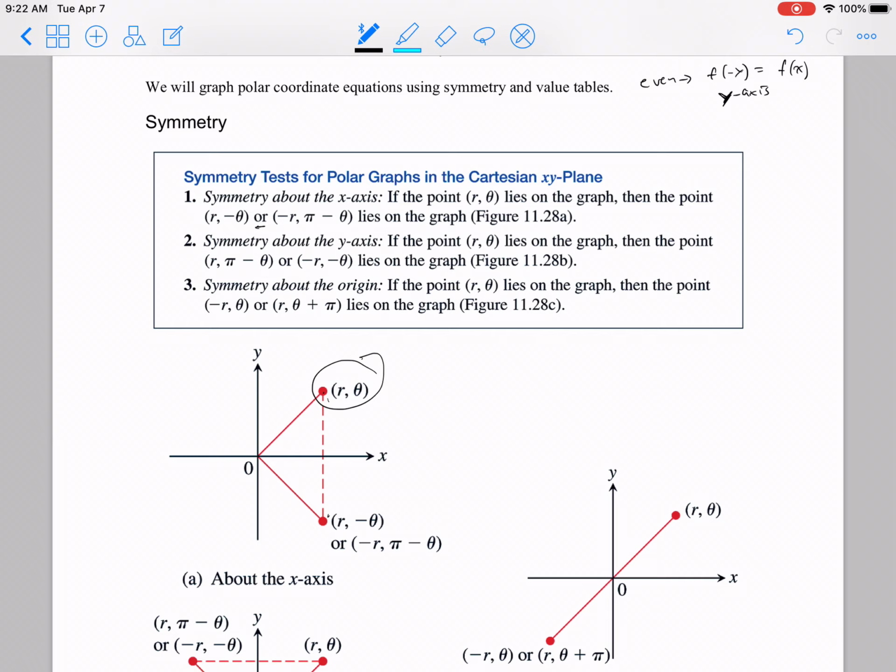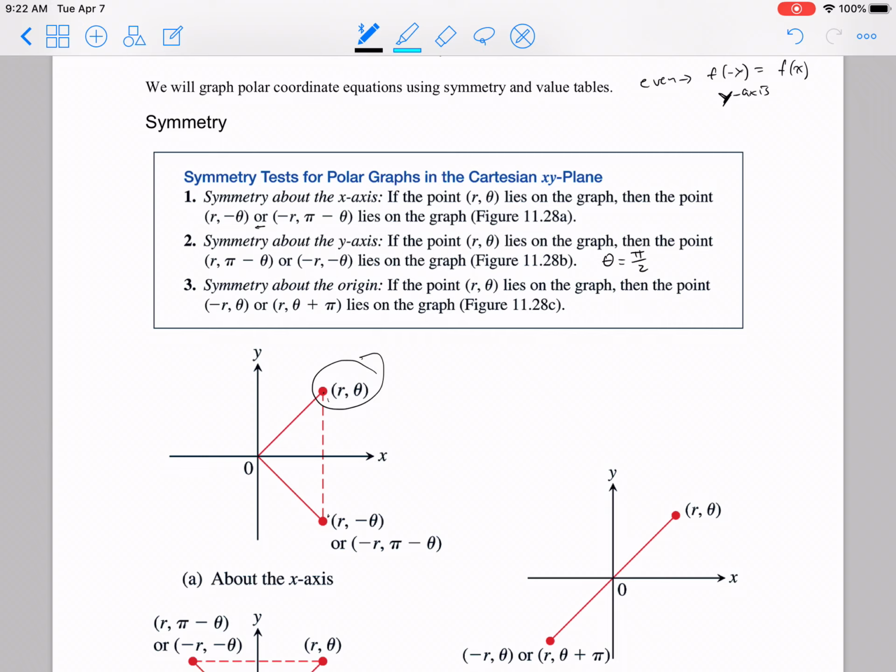Next is symmetry across the y-axis. A lot of times you might see people refer to this as symmetry around theta equals pi over 2, because the line theta equals pi over 2 is the y-axis. If you ever see that, that's what they're talking about. You just go to the angle pi over 2, which is pointed straight up, and that would be your y-axis.